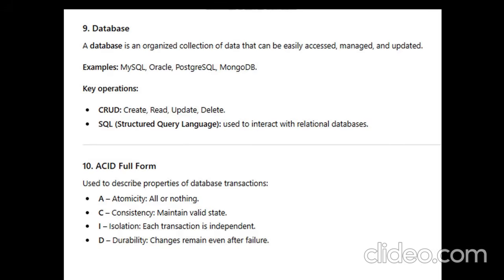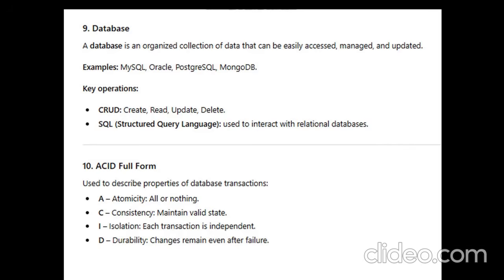And next one is database. So as we know, a database is an organized collection of data accessed and managed via software like a database management system. And relational databases like MySQL, Oracle, and PostgreSQL are common, and NoSQL databases like MongoDB, and ACID full form.